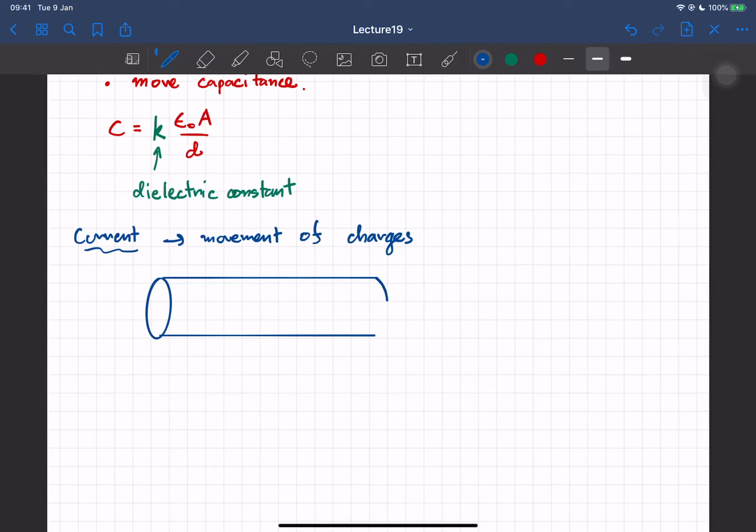Like this, a rod of metal. For example, it can be copper, Cu. Normally when you talk about metal, we think about a lot of electrons inside this metal.